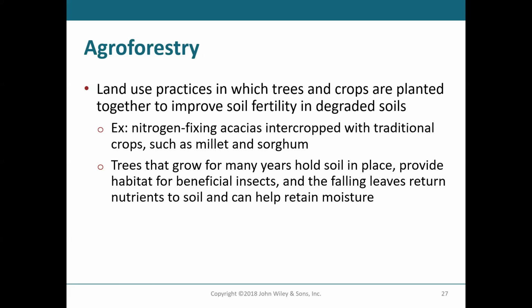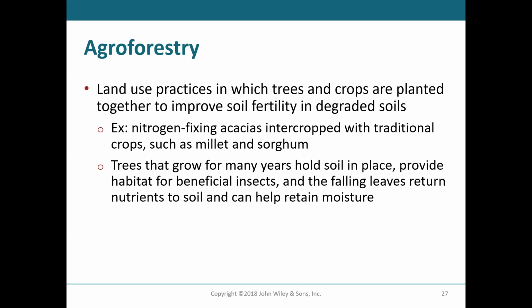This is similar to crop rotation because obviously you plant a crop or trees that can do nitrogen fixing alongside the traditional crops that you might need. So in Africa, they will plant nitrogen fixing acacia trees intermittently with the traditional crop of millet and sorghum.